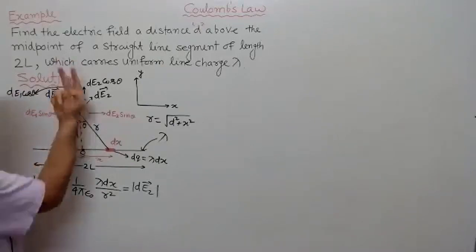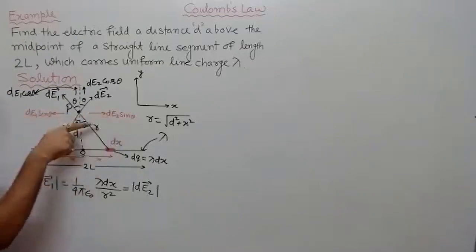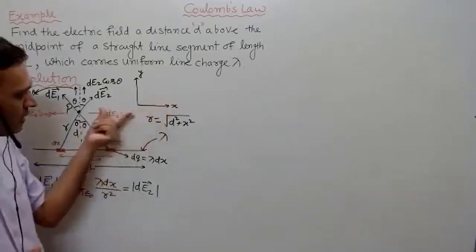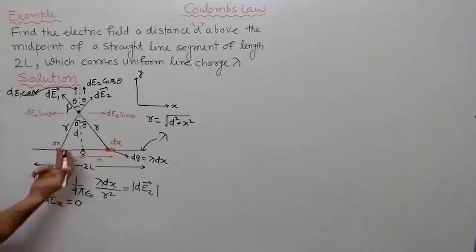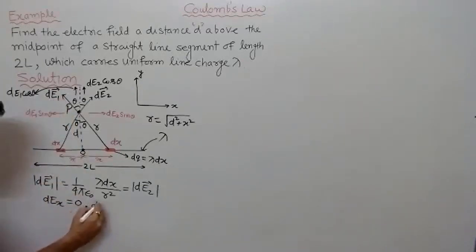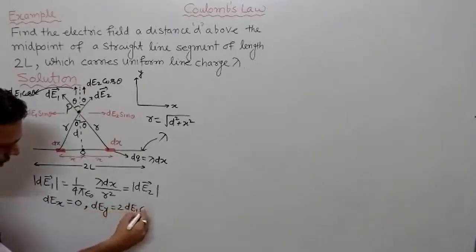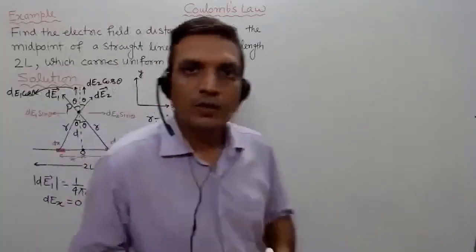So along the y direction the component is cos theta, and along the x direction the component is sin theta. Since the magnitude of dE1 and dE2 is the same, in the x direction the resultant will be 0. So dEx will be 0, and along the y direction the resultant dEy is twice dE1 cos theta. So the resultant field is along the y direction.